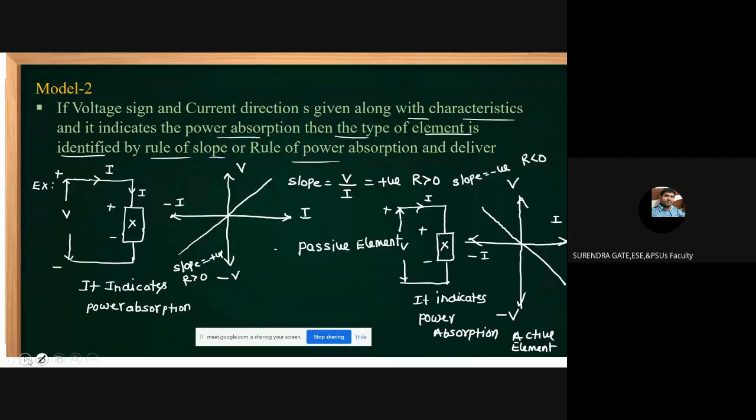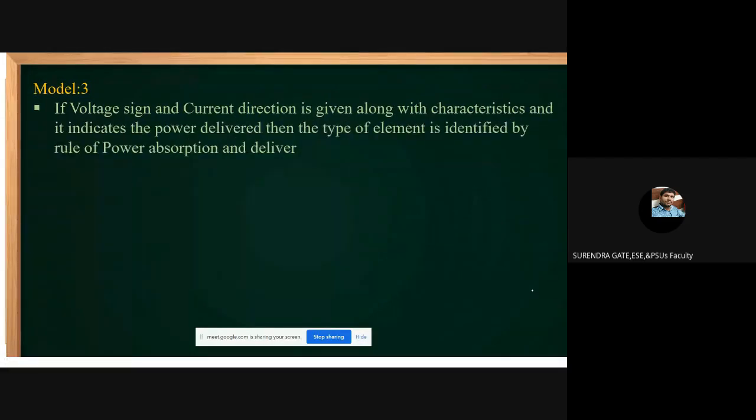Now see, model 3 is different. If the voltage sign and current direction are given along with the characteristics and it indicates power delivered, then the type of element is identified by the rule of power absorption and power delivery. Don't apply the rule of slope. This is the example I am giving.